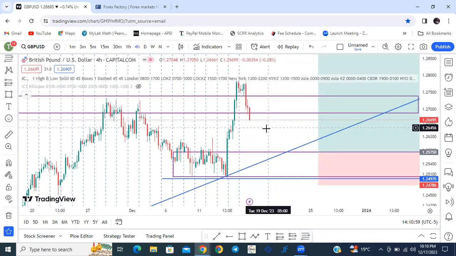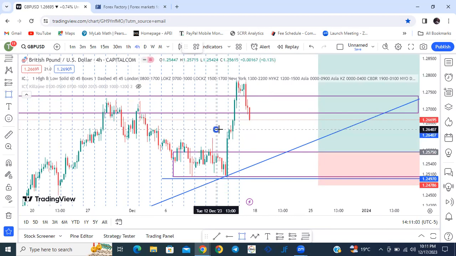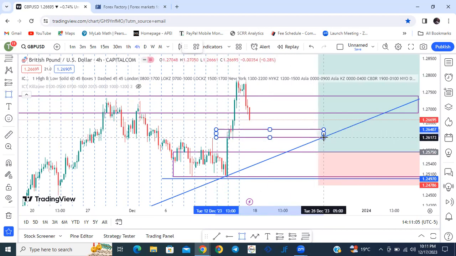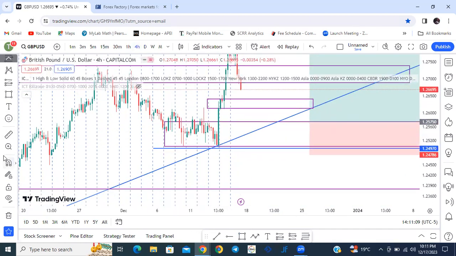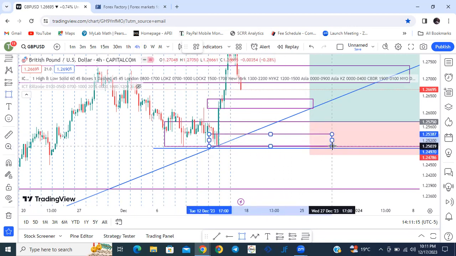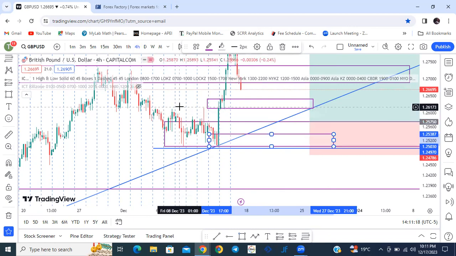All right, so we go to the 4-hour time frame. From the 4-hour time frame, we might see some slight reaction around that level because we have a zone around that region. And remember, from the 4-hour time frame, we have this demand area, which was the demand for the change of character.